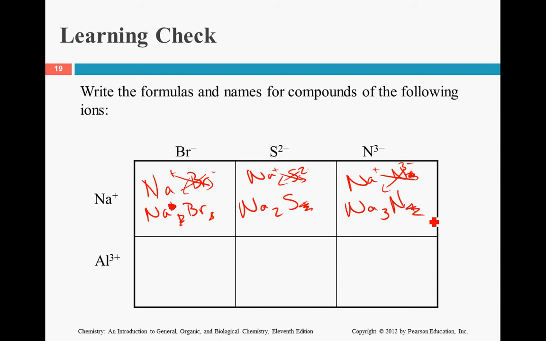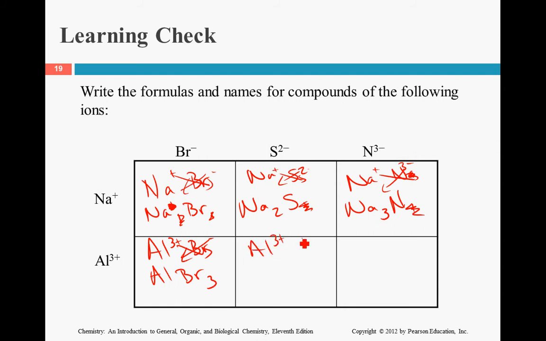Now, aluminum is going to be a little trickier on the very last one, but that's okay. We'll talk about that when we get to it. Al 3 plus, Br minus, crisscross, it becomes Al1, Br3. Notice I didn't even bother writing the 1 this time.